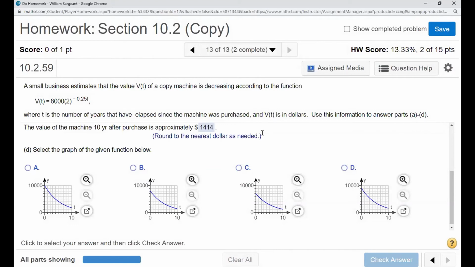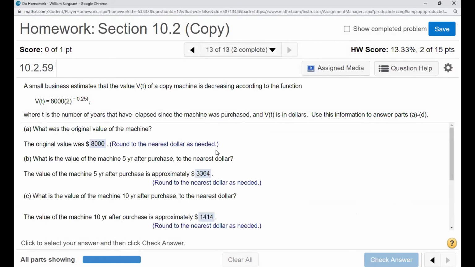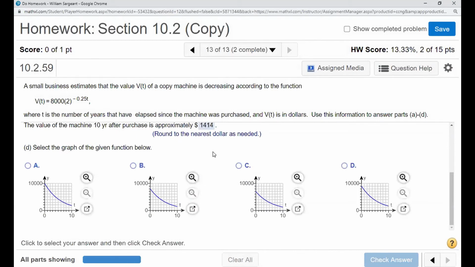And the last part. All of these seem to show some exponential functions that are decreasing as time increases, but we want to make sure we have an initial value of 8,000.